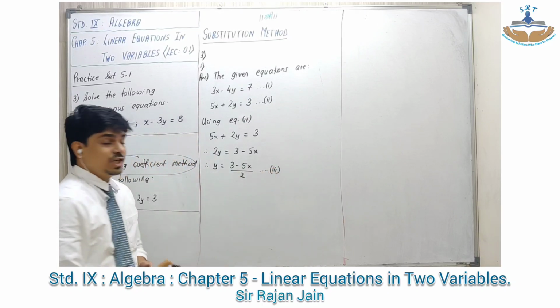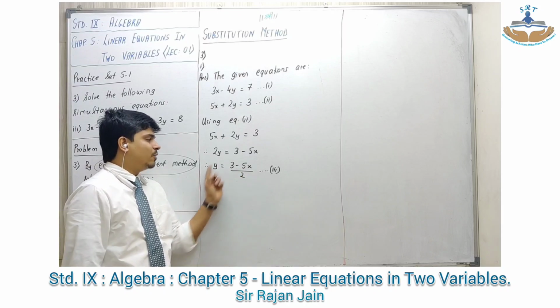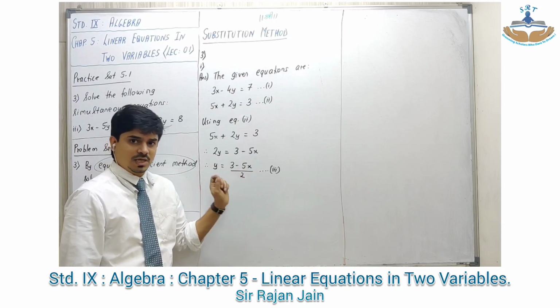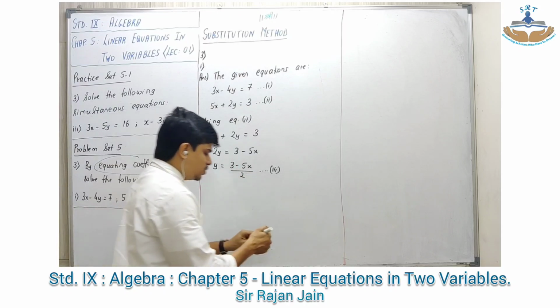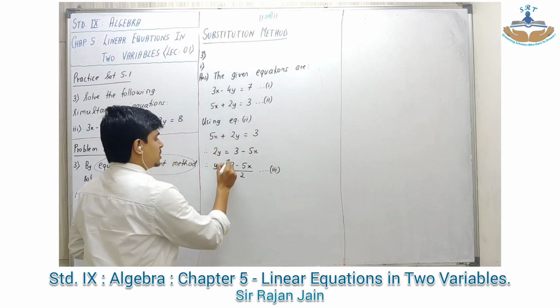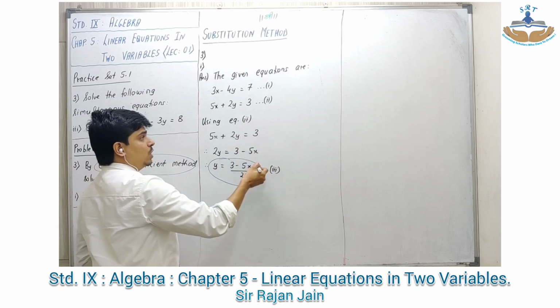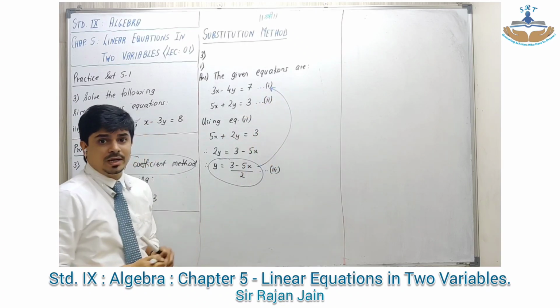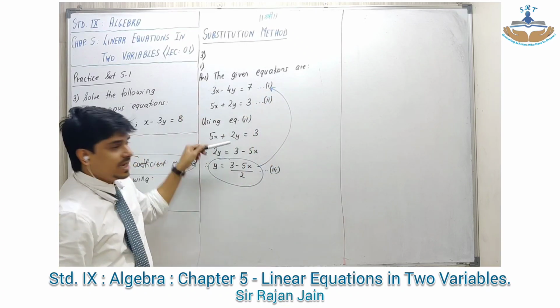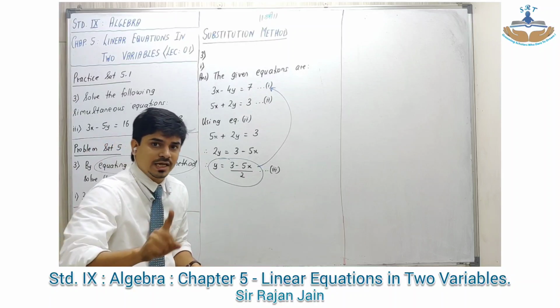So if coefficient is not 1, you have to deal with fractional terms. Understood? मेरे को y का substitution मिल गया. ये y का substitution मेरे को किधर से मिला? I got y का substitution using equation 2. So I'll put this in equation number 1. जिससे substitution आया है उसमें substitute नहीं करने का. Okay?